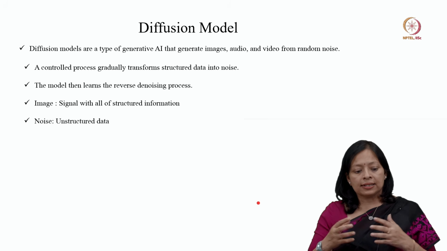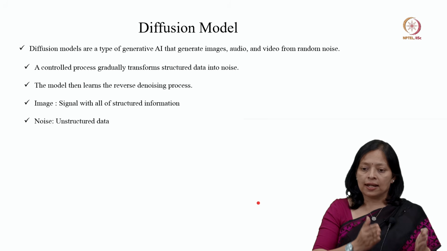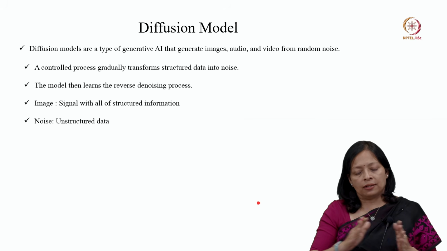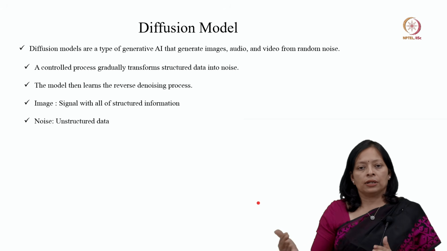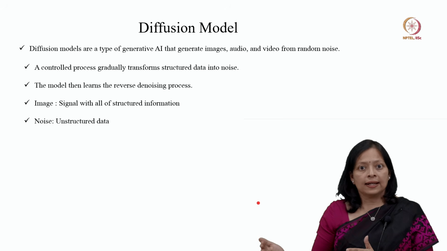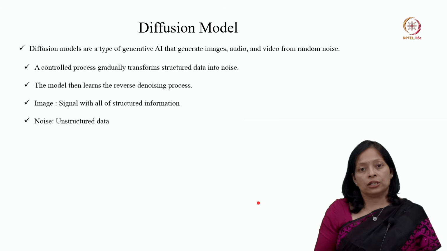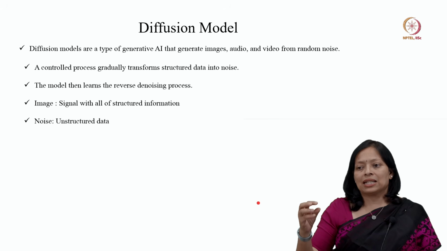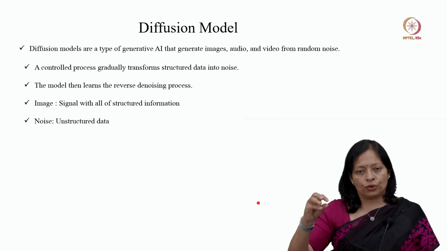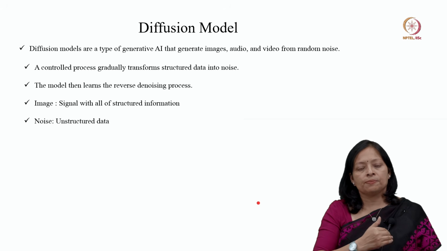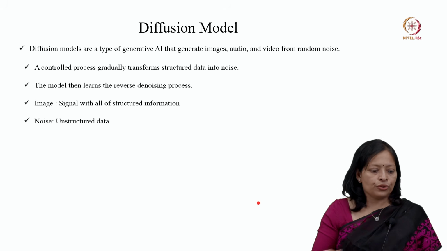You take your image, keep adding noise to it in a number of steps until you finally reach Gaussian noise, and then the model learns to reverse this process. So, it starts denoising, that is, taking noise out of the image, and keeps doing it through multiple steps till it reaches the original image.